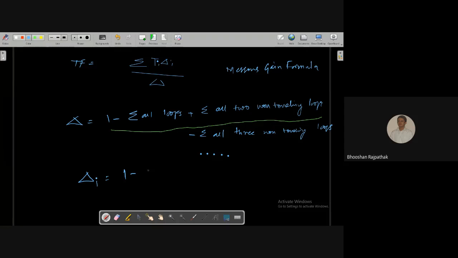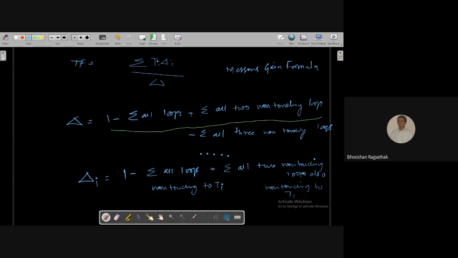One minus summation of all loops non-touching to forward path Ti, plus summation of all two non-touching loops also non-touching to Ti.